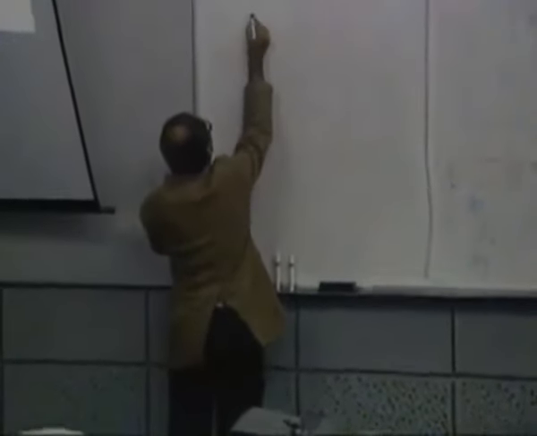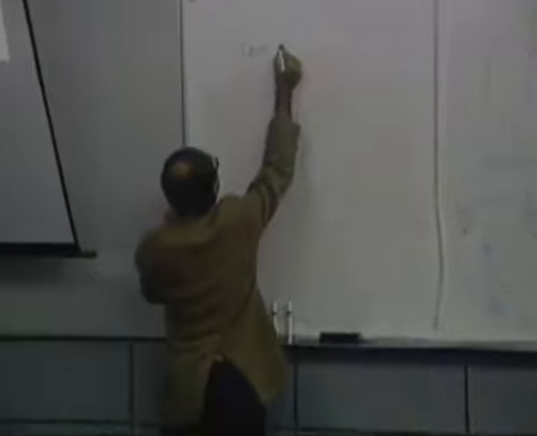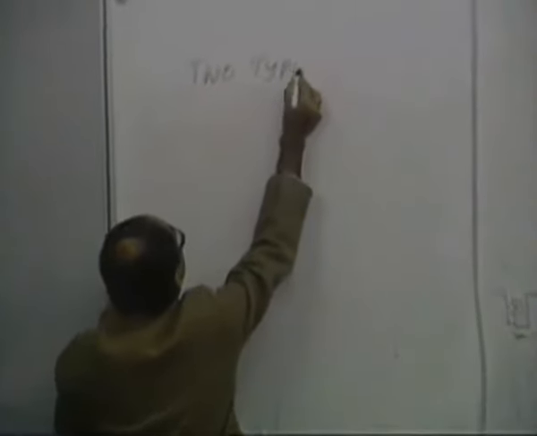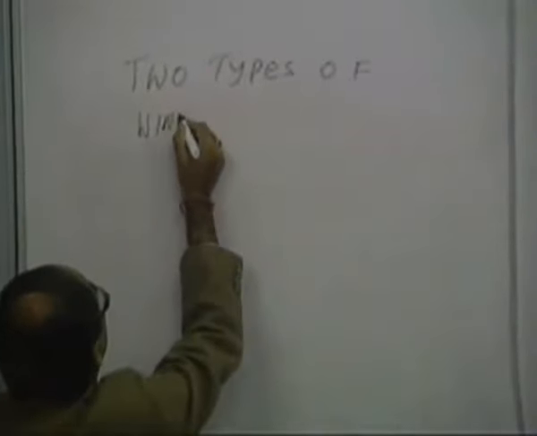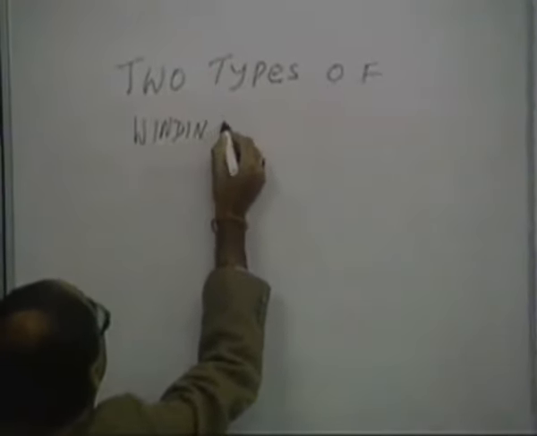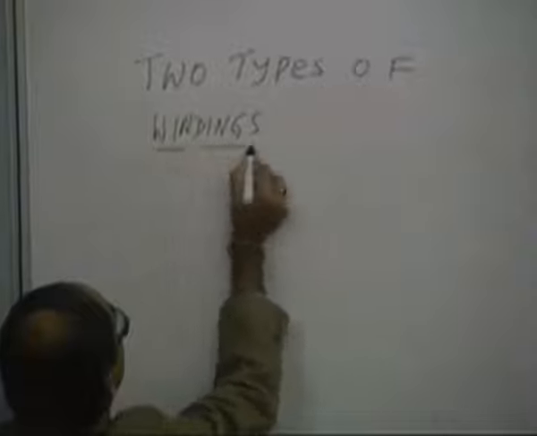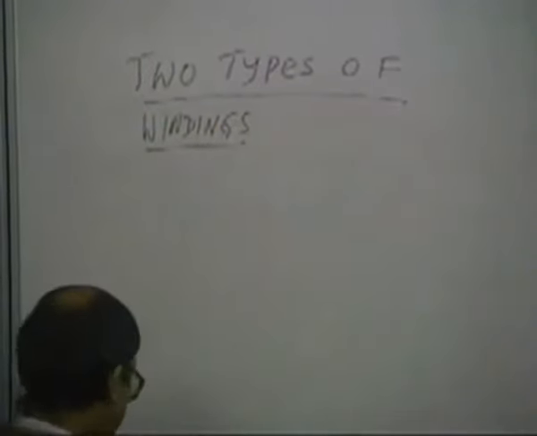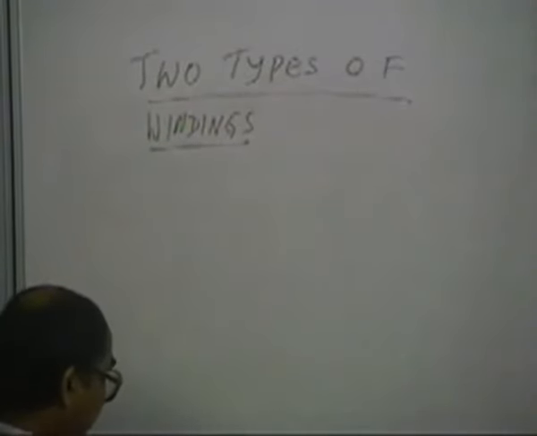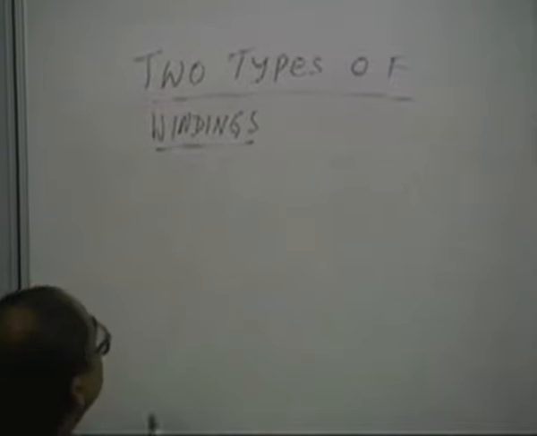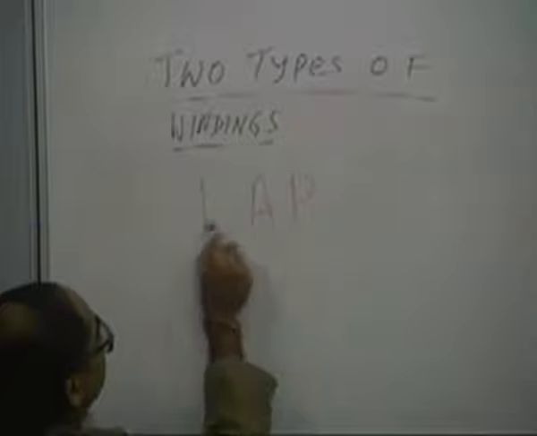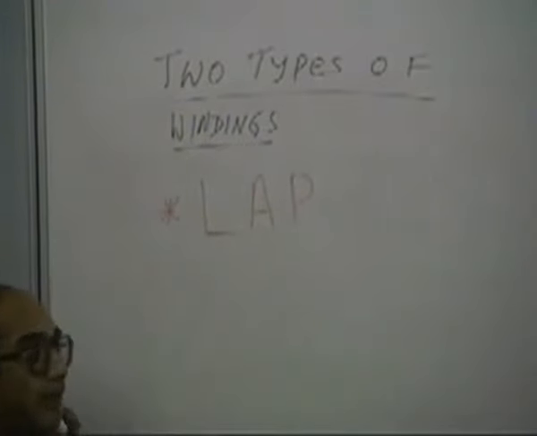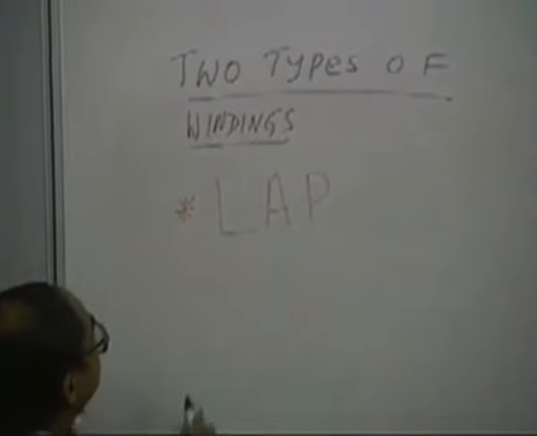There are two types of windings. One type is called a lap winding, and another type is called a wave winding.